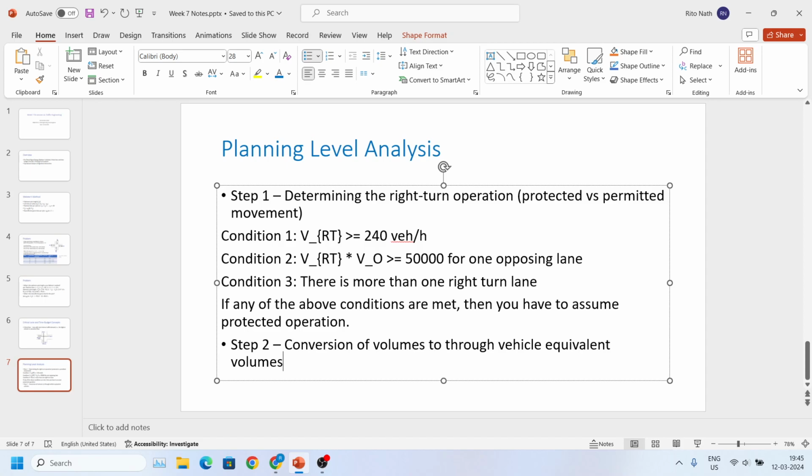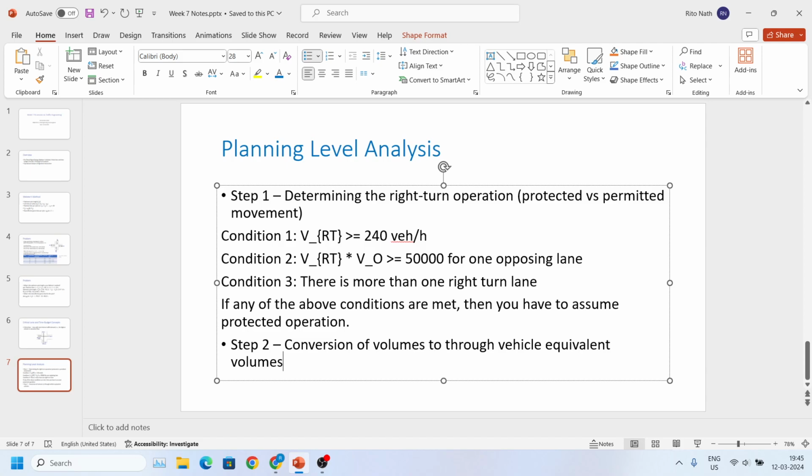So you have to consider a lot of factors before making these adjustments. I think there are some tables given for adjustment for right and left turning vehicles, then the equivalency factor for lane utilization, parking activities, and so on. I'm not going into the details of it.